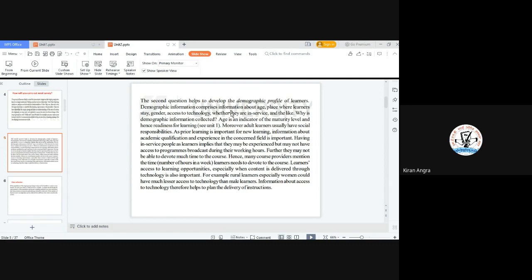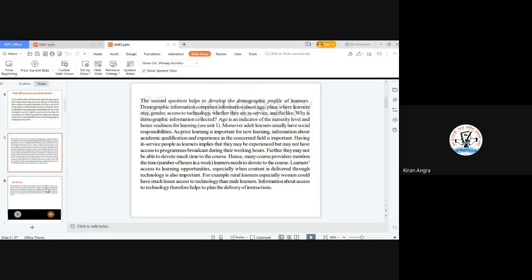Further, they may not be able to devote some time to the course. So the course providers mention the number of hours in a week that learners need to devote to the course. Learners' access to the learning opportunities also comes under this demographic profile.